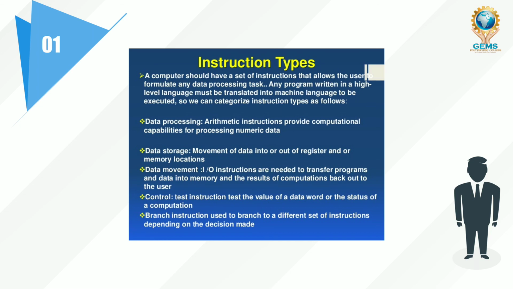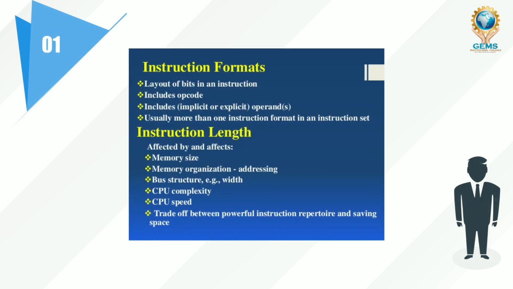Apart from these, other instruction types are data processing, data storage, control, and branch instructions, along with their formats and instruction length. These are about instruction types and formats, and how we use the instruction format and instruction cycle in computer organization and architecture.